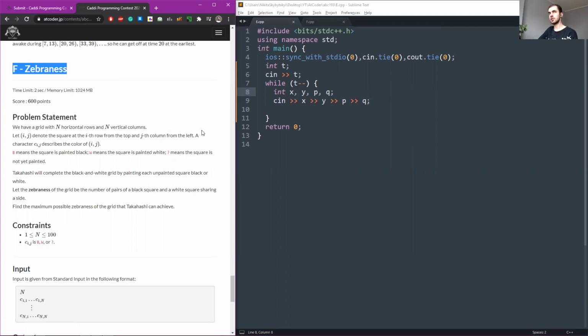Character Cij describes the color. Okay. We have black and white. And some are not painted. Okay. Takahashi will complete the black and white grid by painting each unpainted square black or white. Let the Zebraness of the grid be the number of pairs of a black square and a white square sharing a side. Find the maximum possible Zebraness of the grid that Takahashi can achieve.